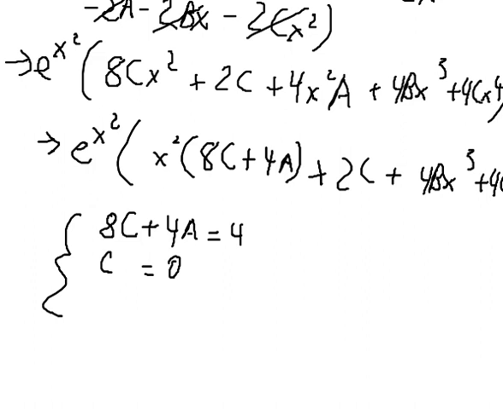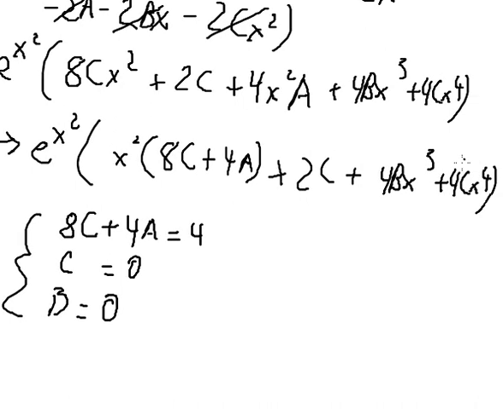We don't have s to the power of 3, so b equals number 0. Similarly for the last one, c equals number 0. So in this one, I will put c gone here, and we got 8 equals number 4. So a equals number 1, b equals 0, c equals 0.